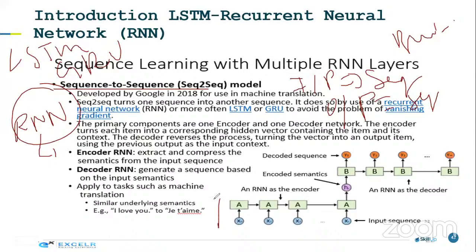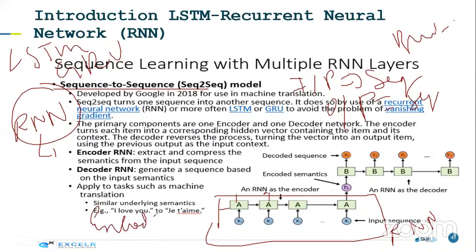The first part is a neural network, which is again an RNN. It is the same thing, guys; we are looking at the same neural network we have been seeing. But understand that this is called the encoder. The work of the encoder is to extract the information and encode it.